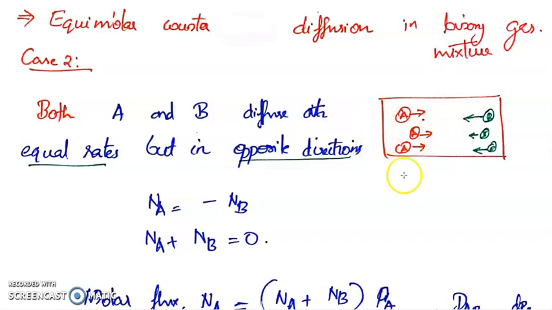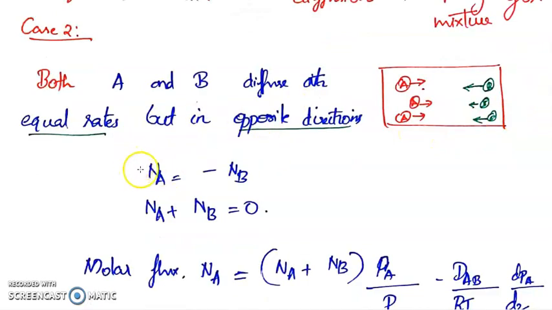So let's visualize it this way. Let's say A molecules are present here and B molecules are present on the other side of the vessel. A is diffusing from this position towards the other end. Similarly, B is diffusing towards the opposite end.